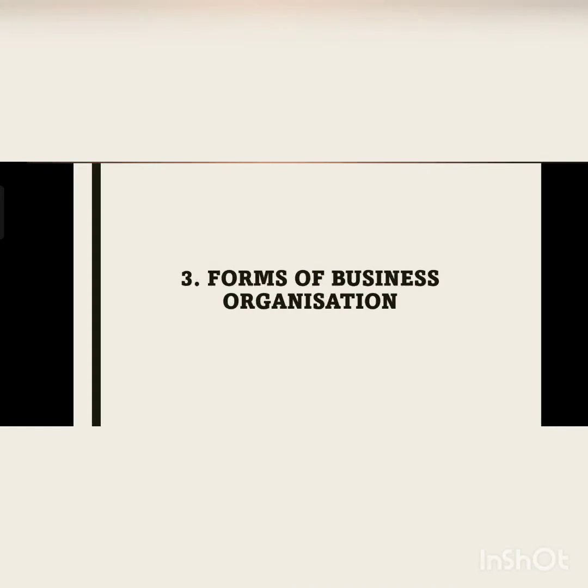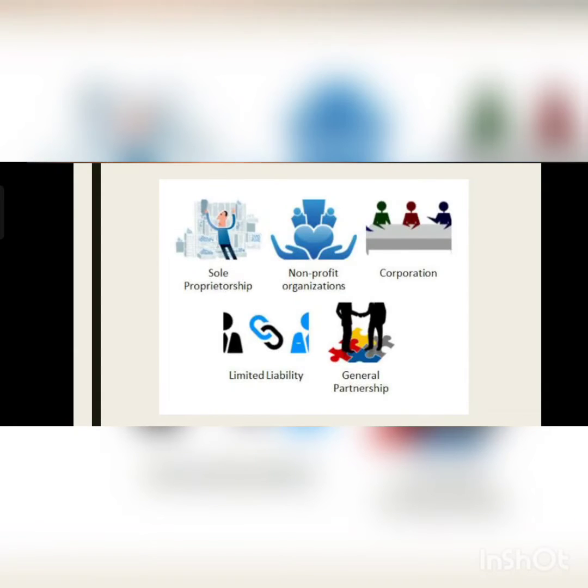Then you have forms of business organization. How you can classify business organizations. First is a sole proprietorship. There is only a single person who is running the business, and he is the entrepreneur of the business. He came up with the idea of the business, and he is the only one managing the whole operations of the business.